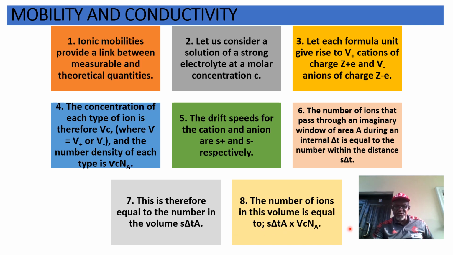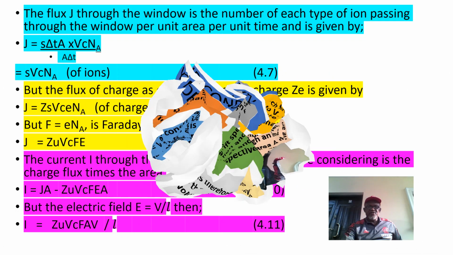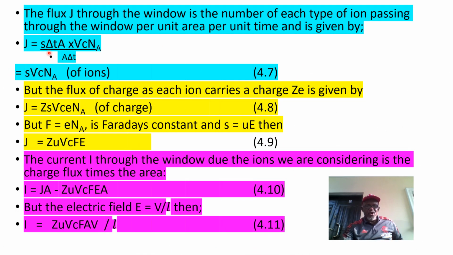Remember, we got this from here, and then we got this from the number density of the ions. So when we talk about the flux, it is given by this. If we cancel out like terms here, we'll have s νc and A.